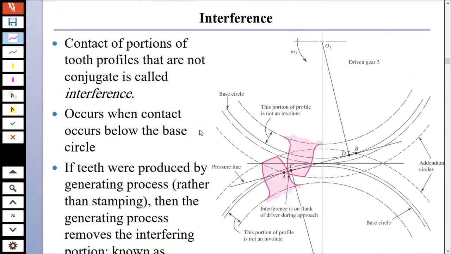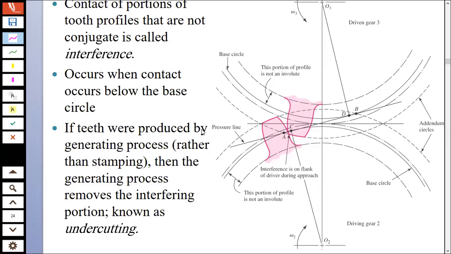Again, what happens in gears? If the teeth mesh with each other smoothly, it is fine.